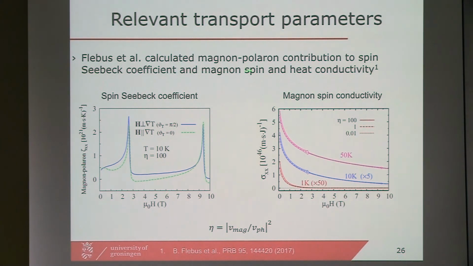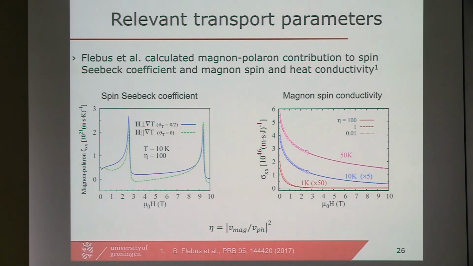For instance, the magnon spin and magnon heat conductivity also show these little peak-like features at the resonance field. So this is, by the way, the magnon-polaron contribution to the spin-Seebeck coefficient, which shows this strong peak at the resonance field for TA phonons and LA phonons. And here you see the same feature in the total spin conductivity.